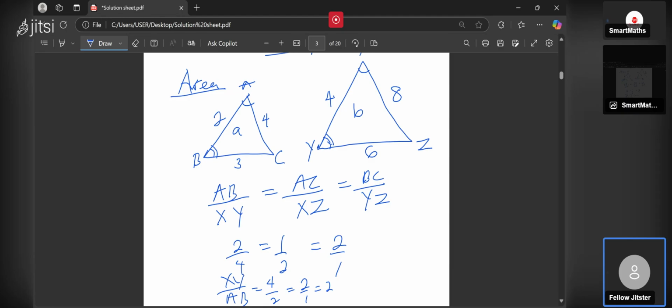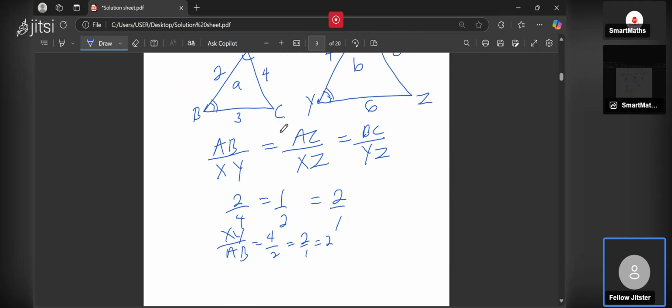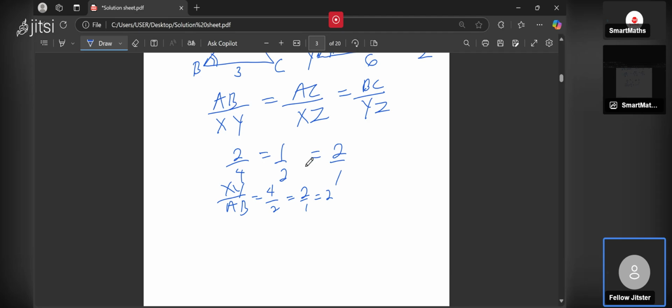So once one side is given, you can know the rest of the other sides. But that is not where we're going. Where we are going is that we want to look at when you are given a scale factor. Scale factor is also known as linear factor.